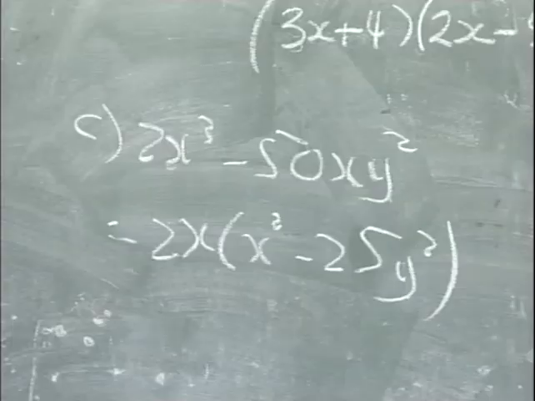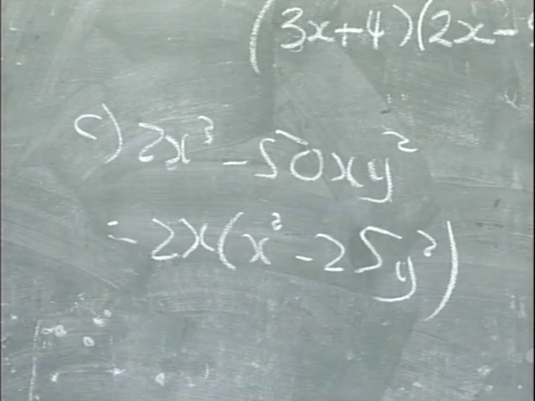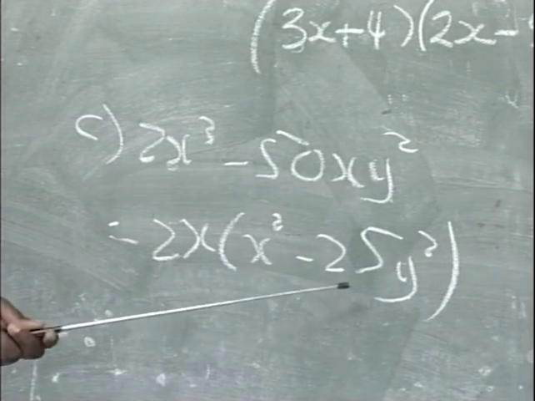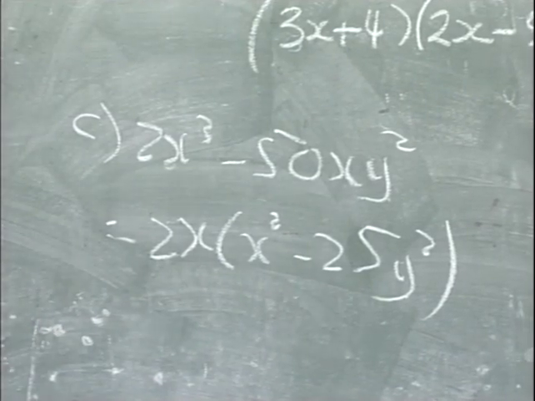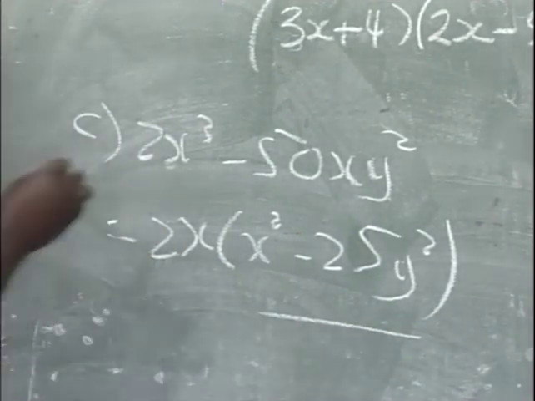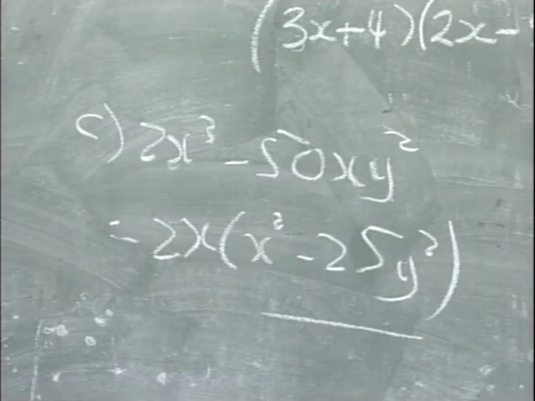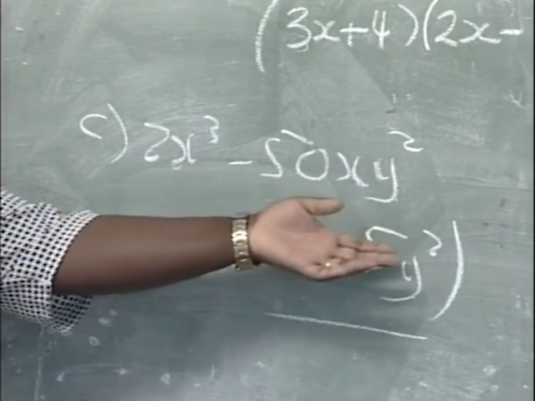If you look at letter C, 2x cubed minus 50xy squared, you take out 2x, you get x squared minus 25y squared. Note this one can still be factorized. It is a difference of two squares, x squared minus 25y squared.